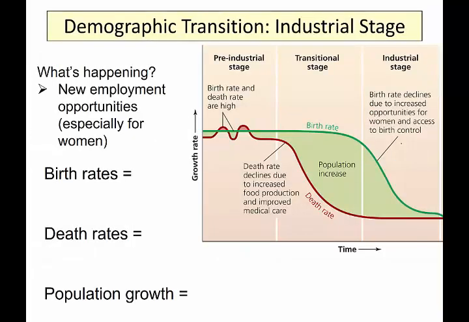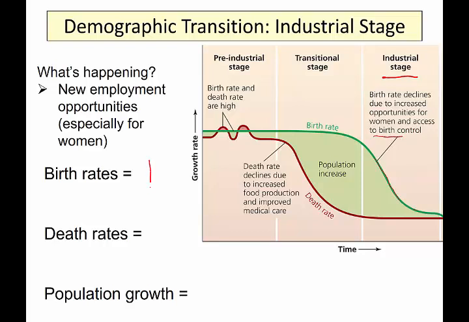Now, the third stage of the demographic transition is called the industrial phase. So at this point, industry is well established. There's new employment opportunities now, especially for women. And if we look at this stage here, you'll see that the birth rate's starting to go down. And that might be because women are starting to get into the workforce and they're having less children. And more importantly, they have access to birth control.